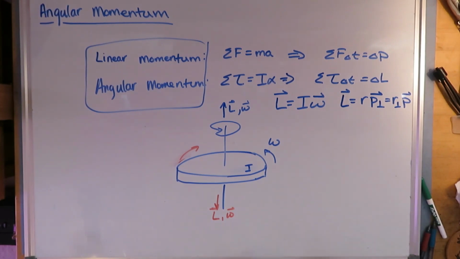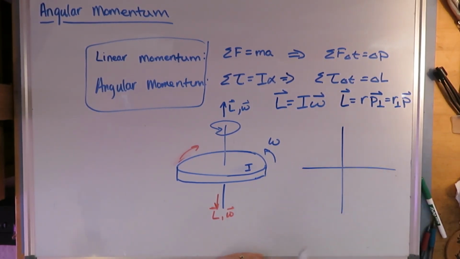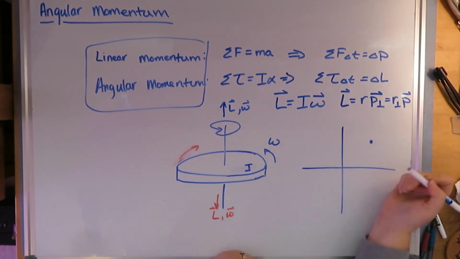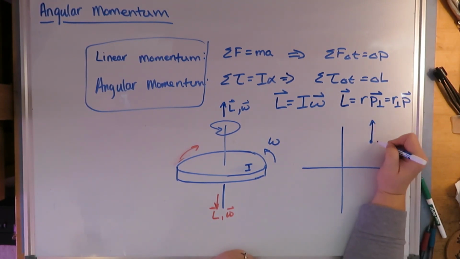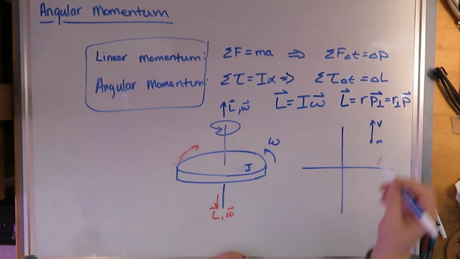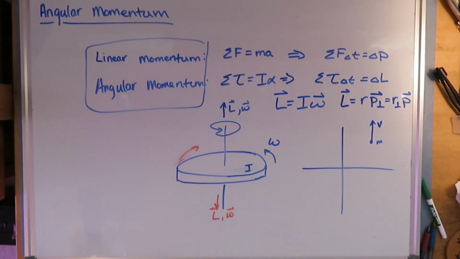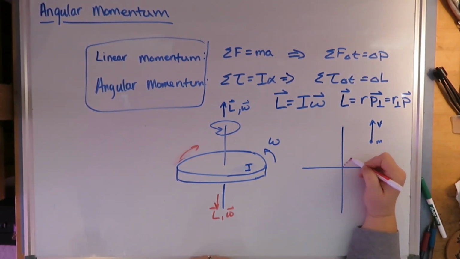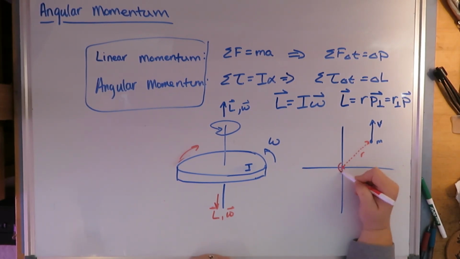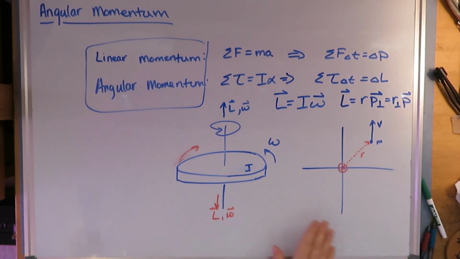If I was looking at a point mass situation, so let's bring back those coordinate axes, and I had a point here that was moving with some velocity up the page, what I'd have to do is consider where R is. I would assume that if that's my axis of rotation, R points in that direction.